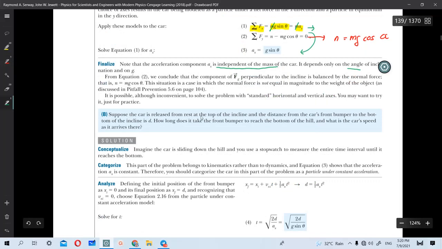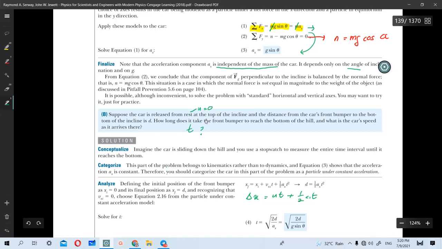Okay, let's look at the next question. Suppose the car is released from rest at the top of the incline. So you find that u is 0. And the distance from the car's front bumper to the bottom of the incline is d. How long? So the question is asking you for t. Now, how to put it into words? Remember the kinematic expression: delta x equals ut plus half at squared.